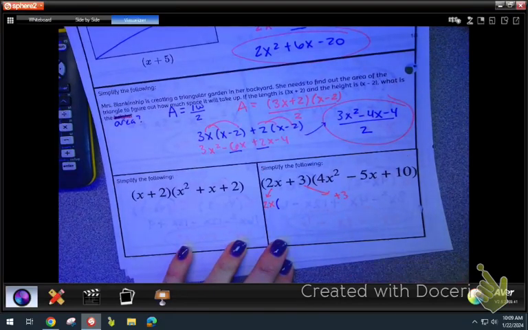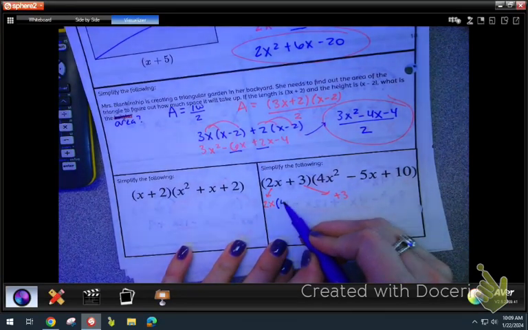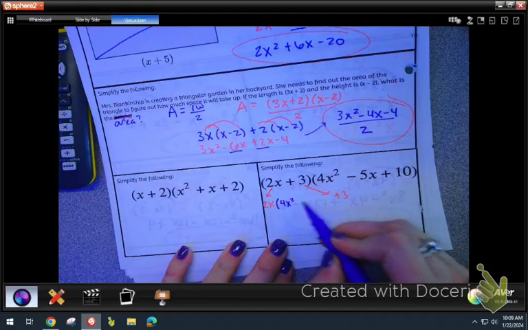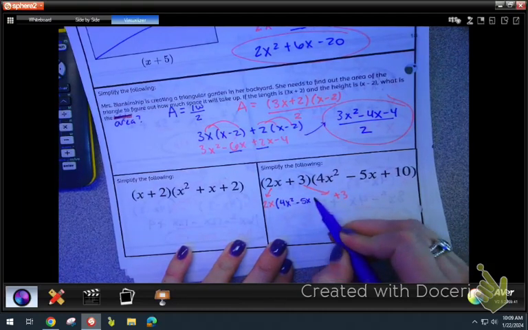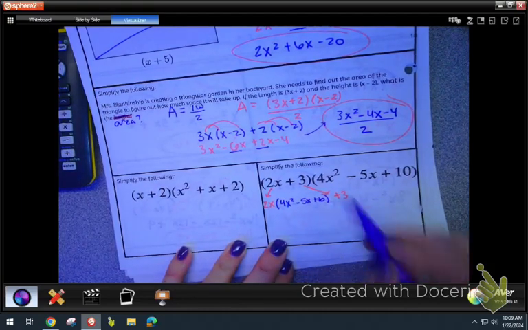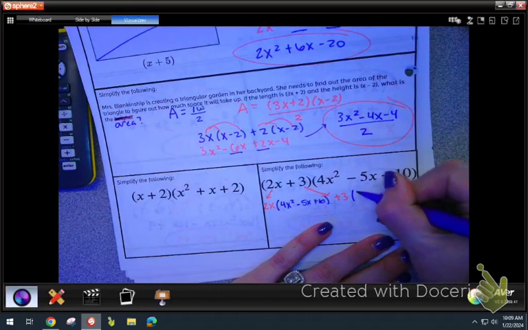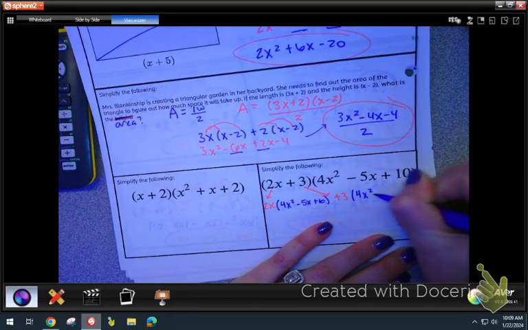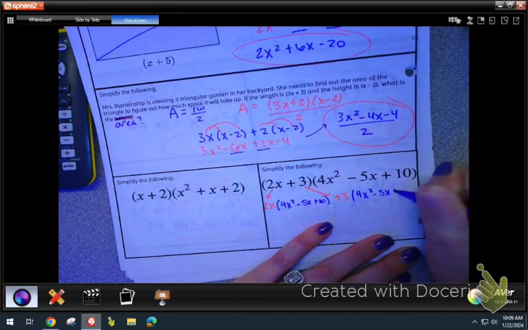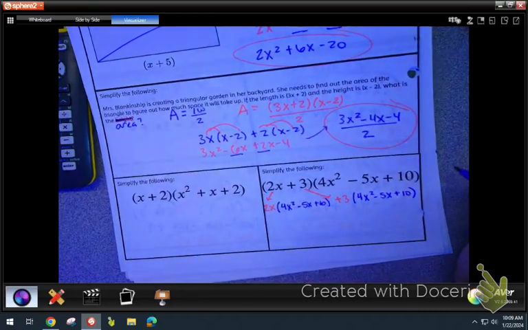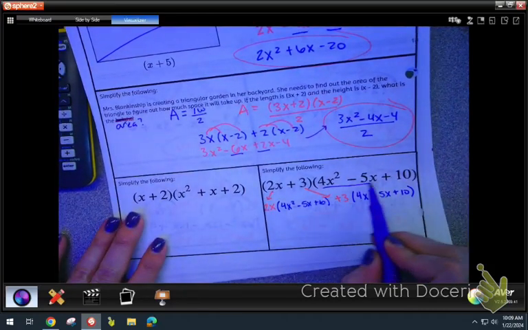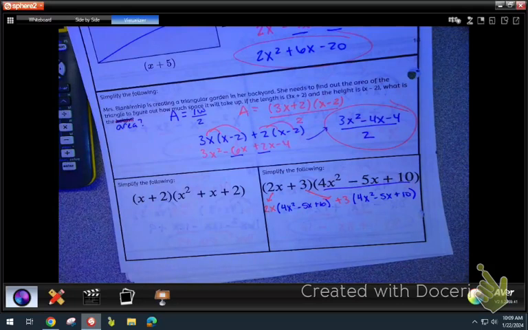So my second parentheses is 4x squared minus 5x plus 10. But how many times am I going to write 4x squared minus 5x plus 10? Twice, because it's the second guy, which means we write it twice. So not that different. The second guy writes twice.